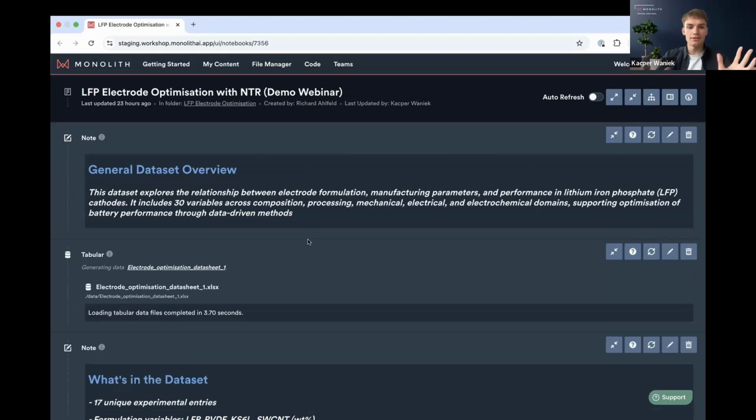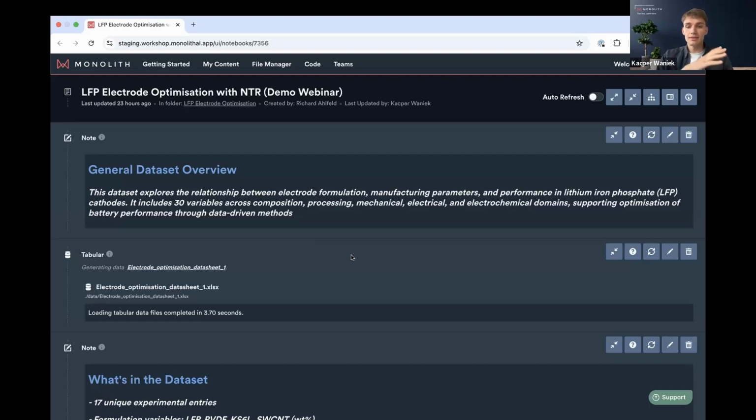So let's dive into the workflow and see how each step turns the raw data from this research paper into actionable insight. Just a brief dataset overview. This dataset captures the complex interplay between electrode formulation, manufacturing parameters, and performance in LFP cathodes.